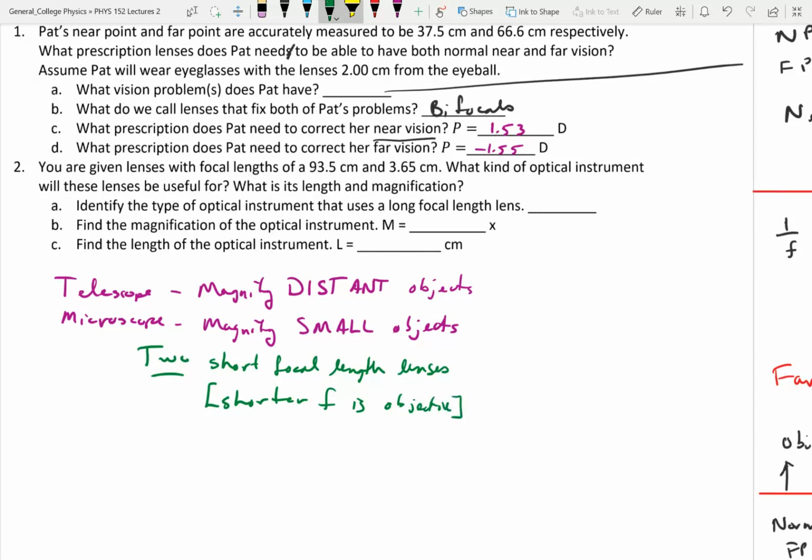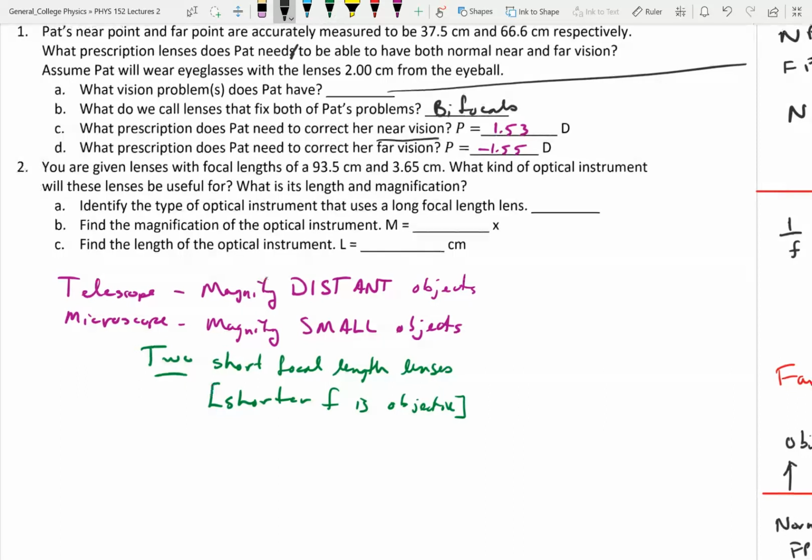The telescope, on the other hand, is made with a long and a short focal length lens. Longer f is the objective. So you look at these and you ask yourself, okay, are those both short, or is one short and one long? I would say 93.5 centimeters is long. So that means this is useful for a telescope.